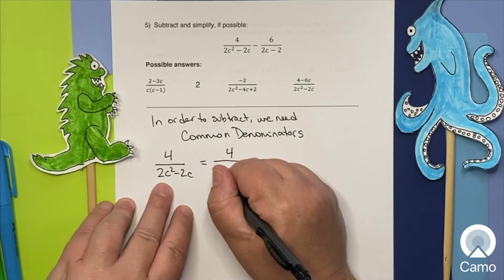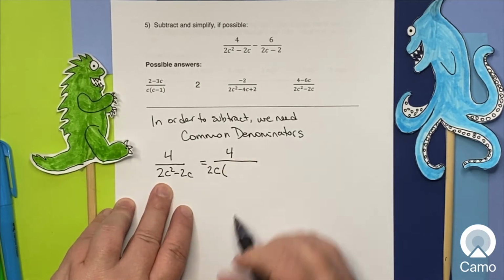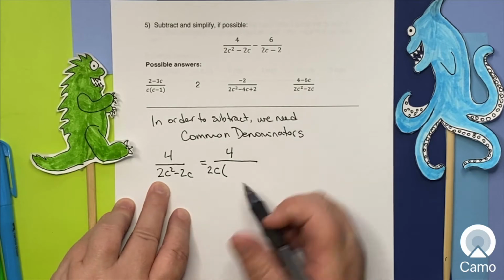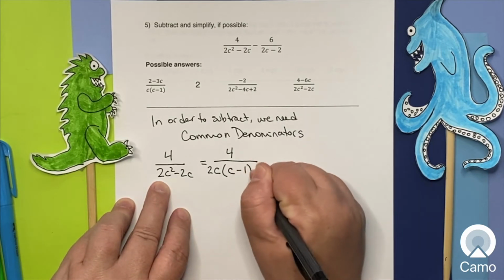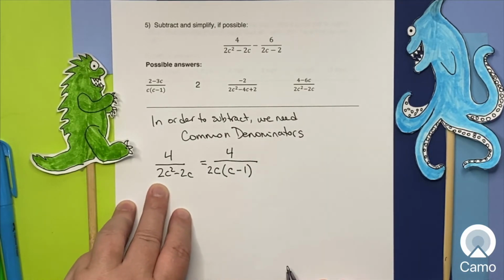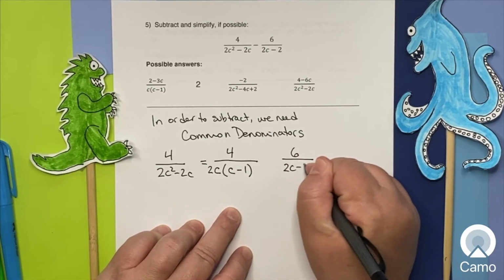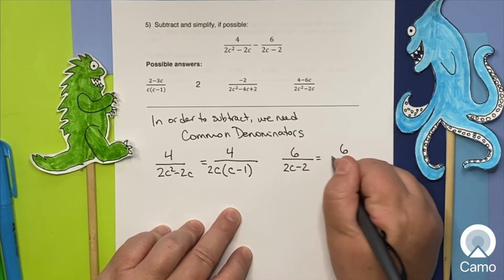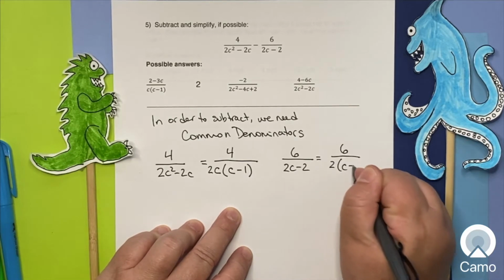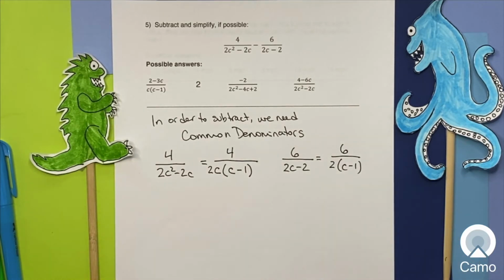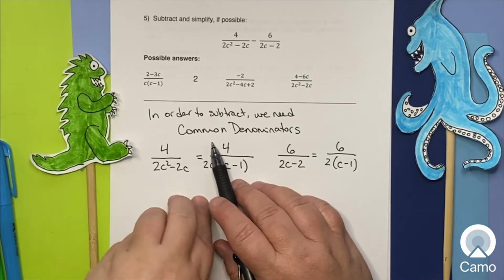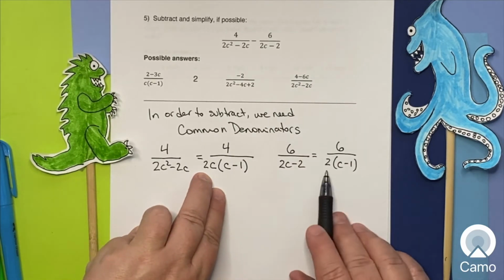I'm going to factor out that 2c, and then I get c minus 1 down here. Okay. And then 6 over 2c minus 2, that's 6 over 2 times c minus 1. So I need a common denominator between this and this.